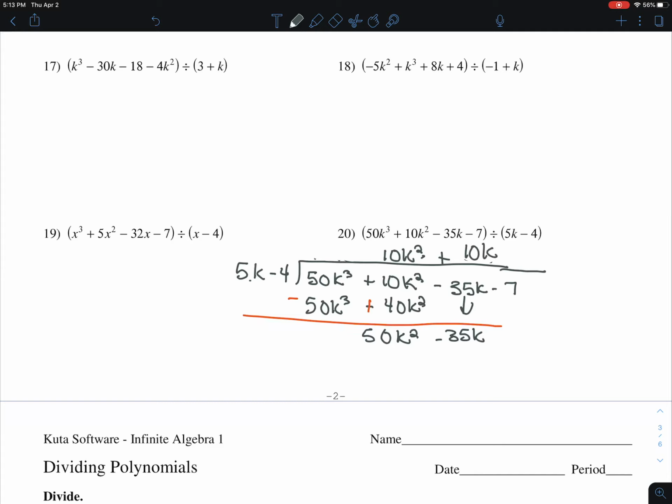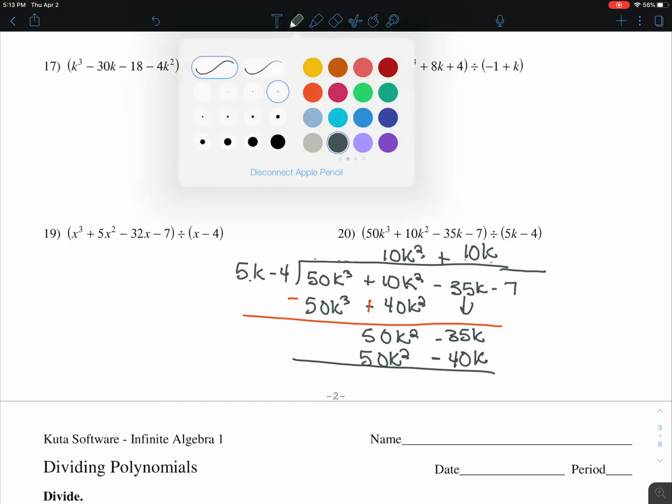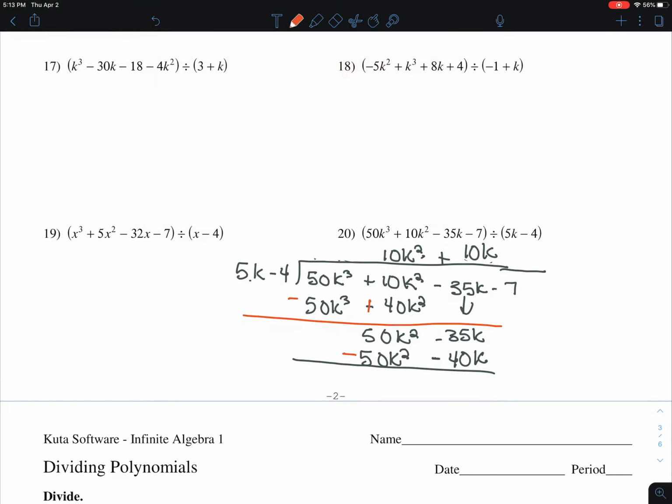So now I multiply, I get 50k squared minus 40k. Once again, I change my signs and add. So this zeroes out, that zeroes out, and I'm left with 5k.